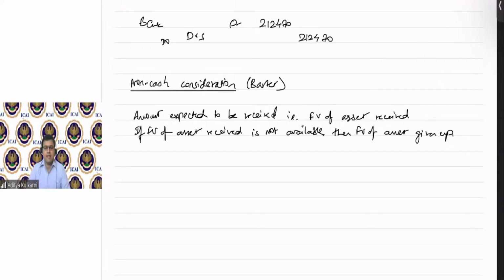Here it is very clear. First preference goes to what you are receiving, and the second preference goes to the asset given up, only if you are unable to measure the first fair value. Okay, so that takes care of the first part. That is non-cash consideration, fairly simple.